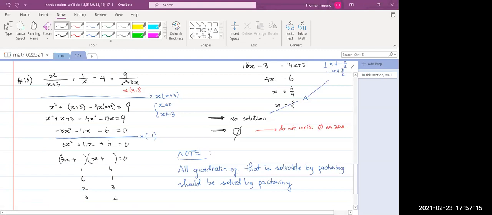By some smell test, I know this one here will not work, and this one here will not work. Why? Because 3 and 6 has common factor, while in my original equation, we don't have common factor. For the same reason, this pair will not work because 3 and 3 also have common factor.